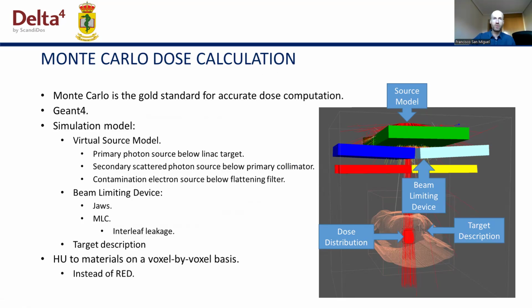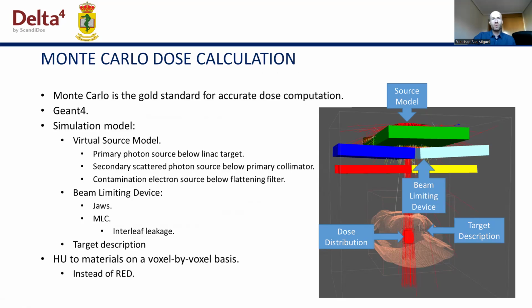Geant4 is a general-purpose, high-fidelity toolkit for radiation transport simulation, originally developed for high energy physics and extensively validated in medical physics context.